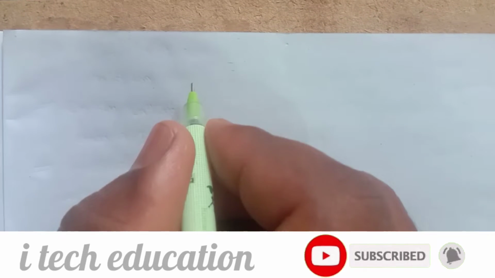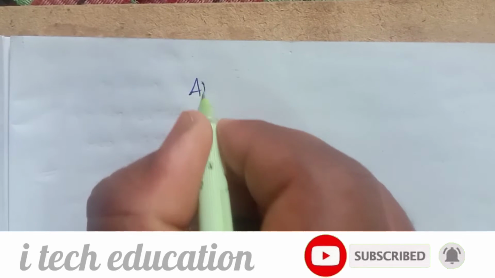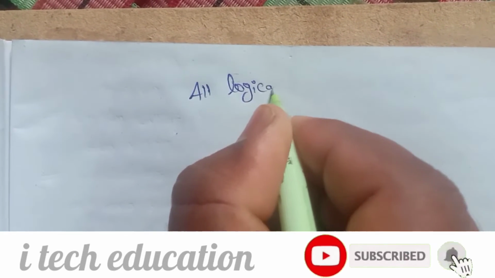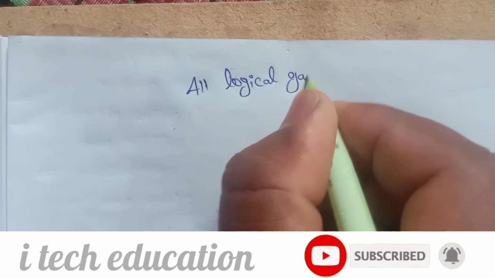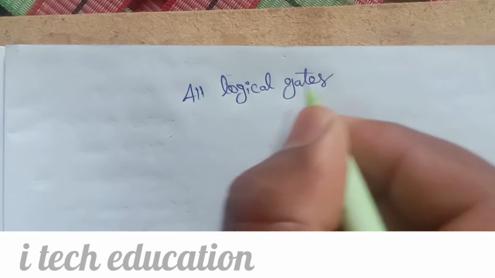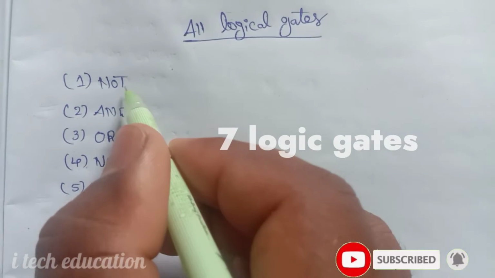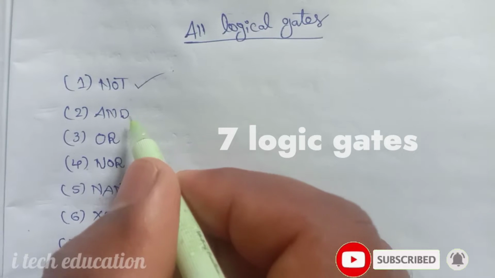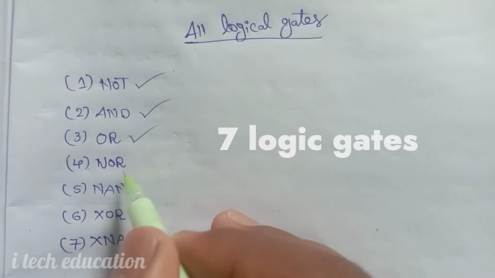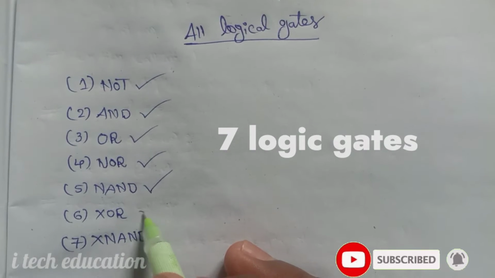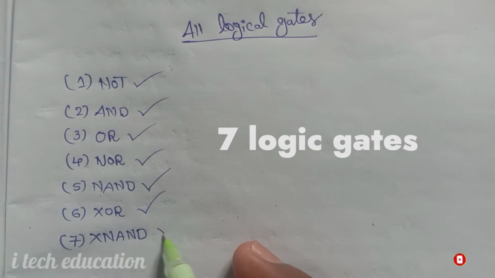In this lecture, today we will learn all logical gates. Seven logical gates. Those are NOT gate, AND gate, OR gate, NOR gate, NAND gate, XOR gate, and XNOR gate.